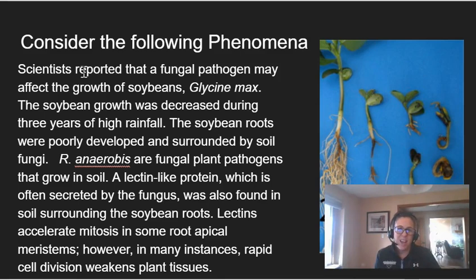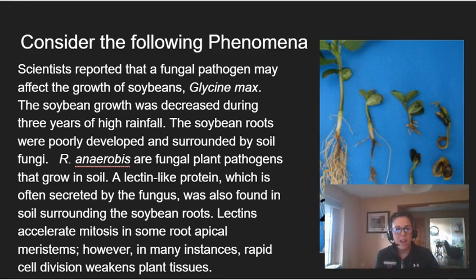Soybeans' growth is actually decreased when we have high rainfall. The reason for that is that those roots tend to grow very quickly, but they're poorly developed. Sometimes if you grow too fast, you don't have strong roots, you have weak roots. So these poorly developed roots were always going to be surrounded by this fungus that they noticed.